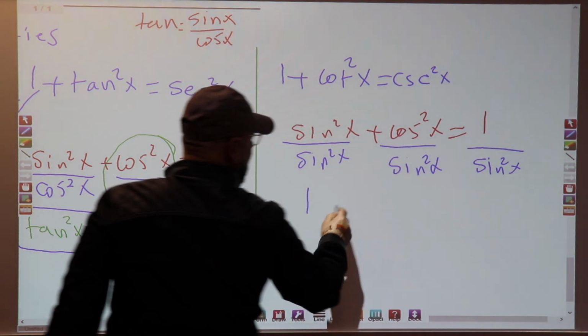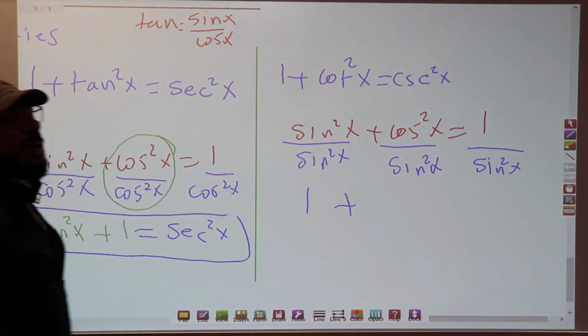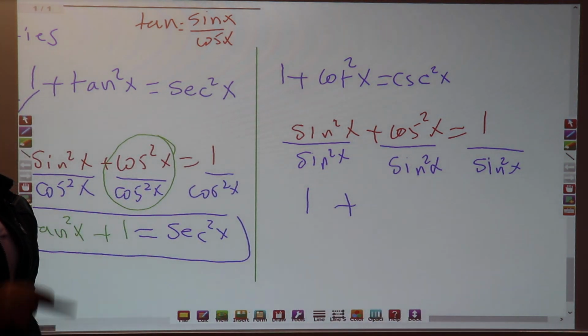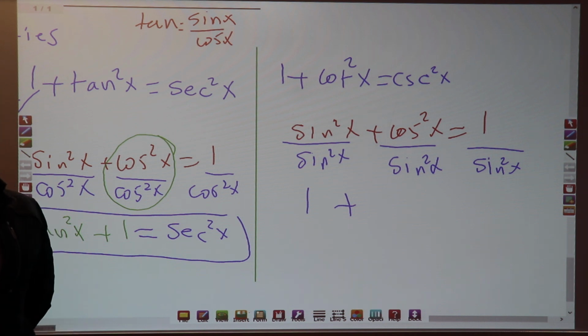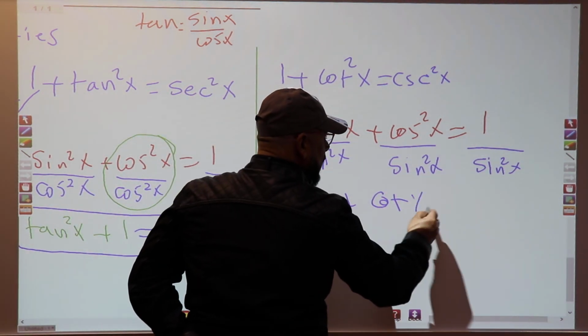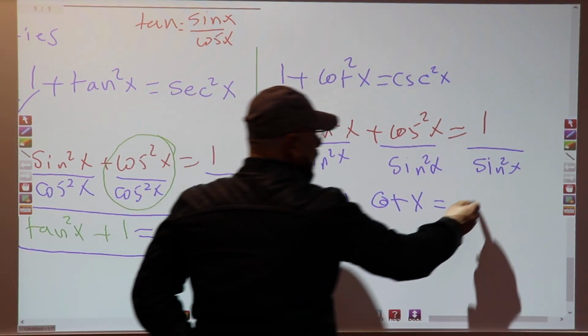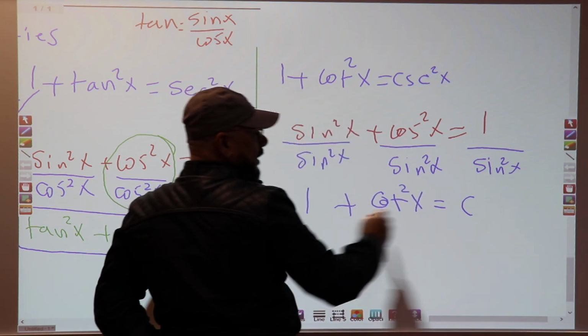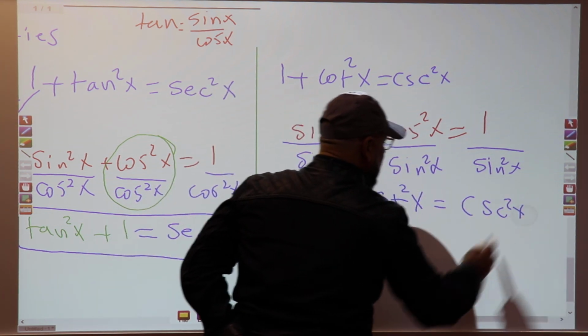This one and this one. What is cosine over sine? Cosine over sine equals cotan x. And 1 over sine is cosecant. We have a square here, and this is cosecant square x.